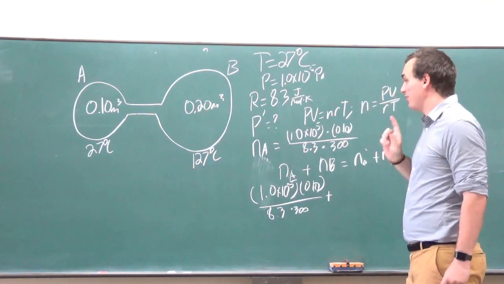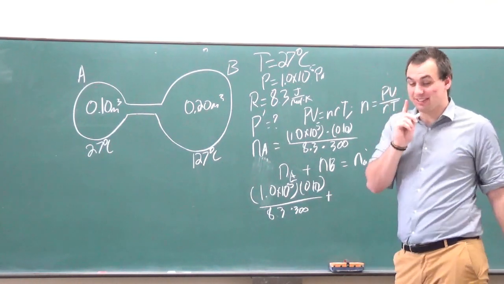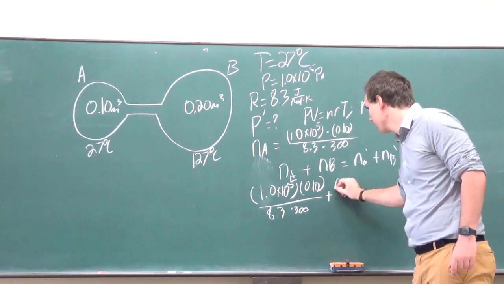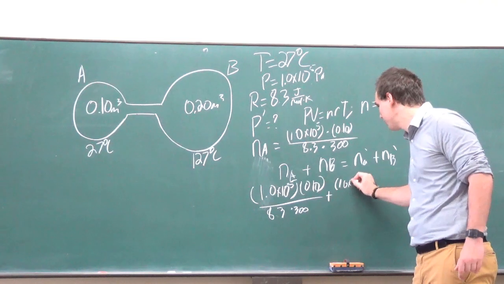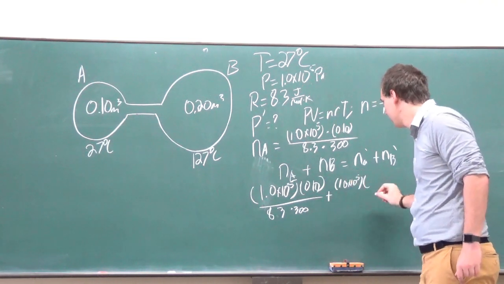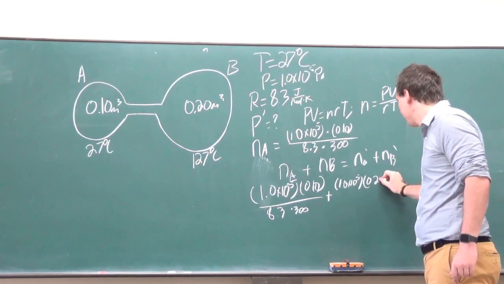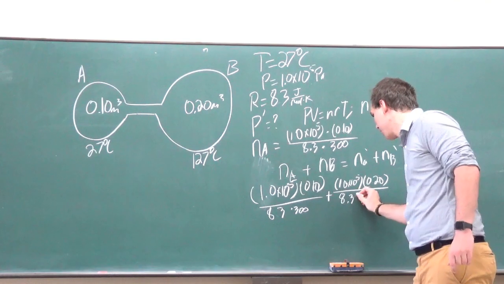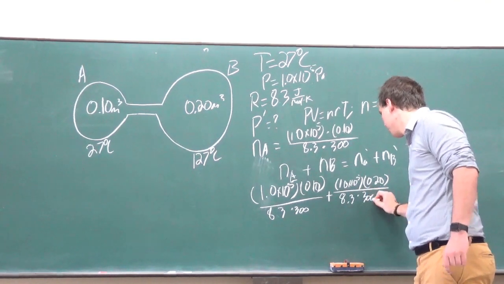NB is very similar. In fact, it's the same, except the volume is different. As 1.0 times 10 to the 5th times 0.20 over 8.3 times 300.